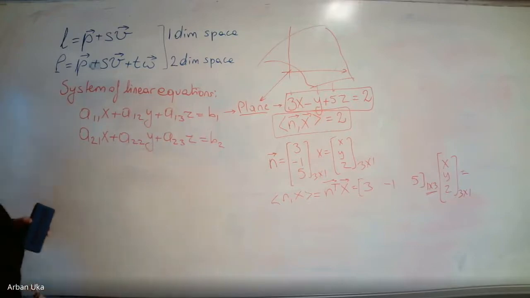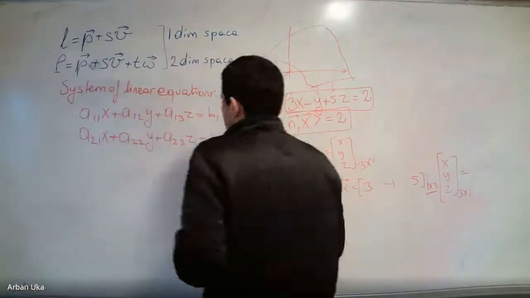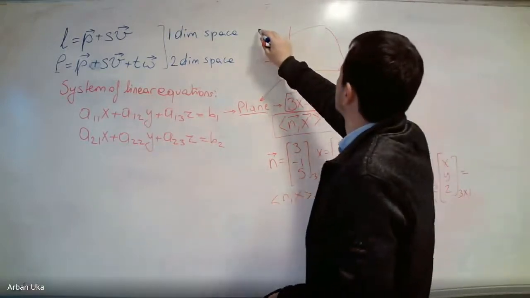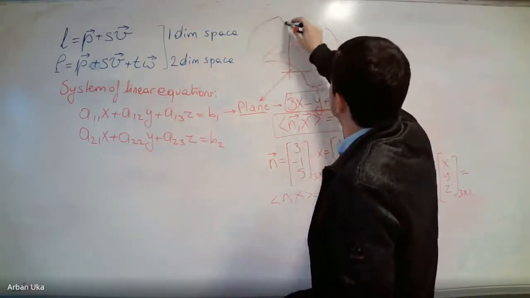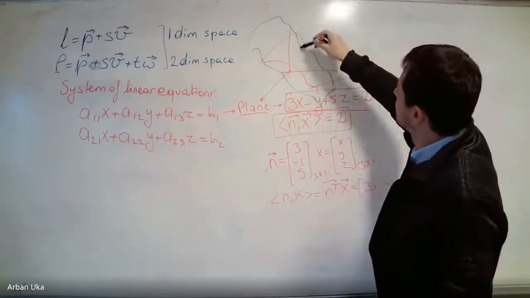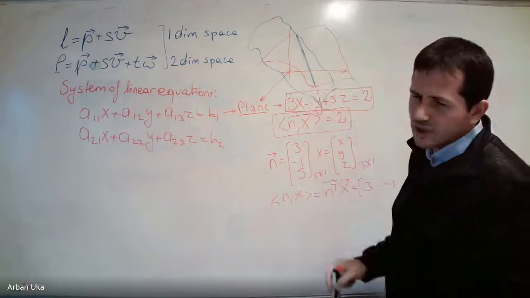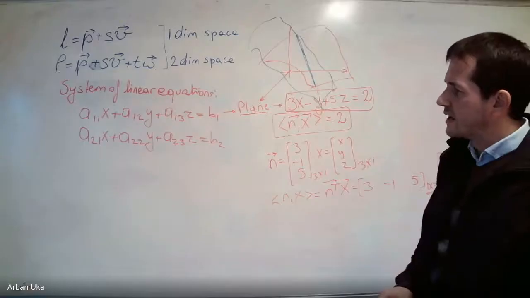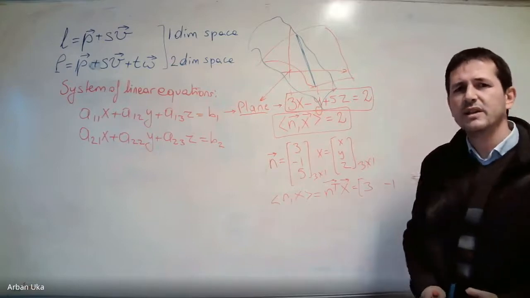So this is also a plane, and we can show it extending like this. And it intersects with the other plane. What is the intersection between two planes? A line. That's correct. The intersection between two planes is a line.